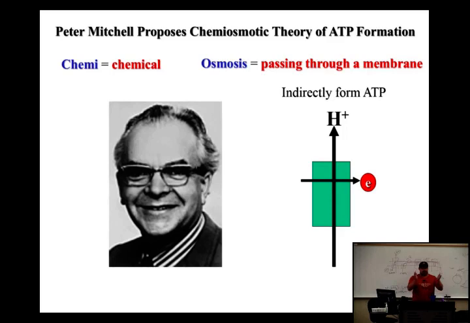So he got sick and he wasn't able to follow up on the experiments, but that was his hypothesis. So you guys, knowing what you know, what experiments could you conduct to see if this is true? So if this were true, protons would build up in the intermembrane space, right?